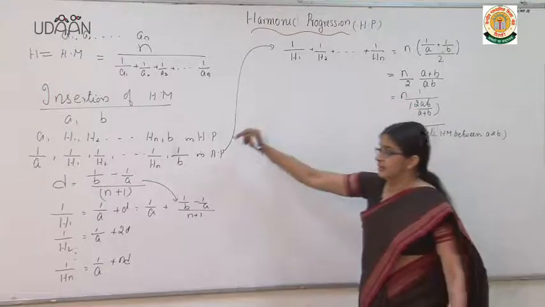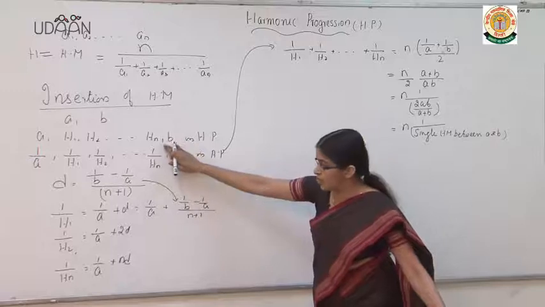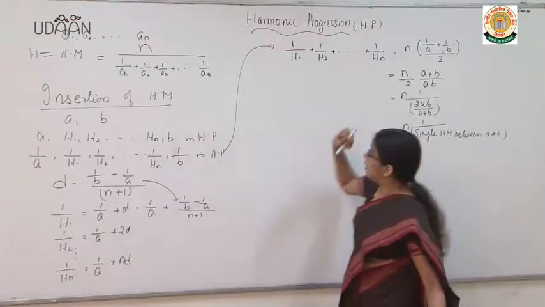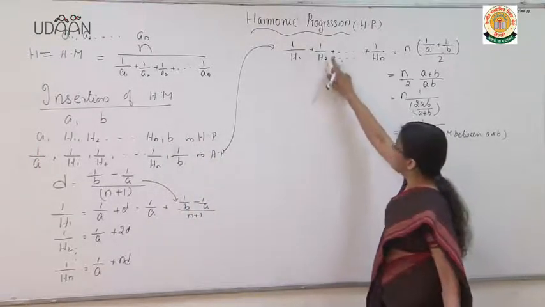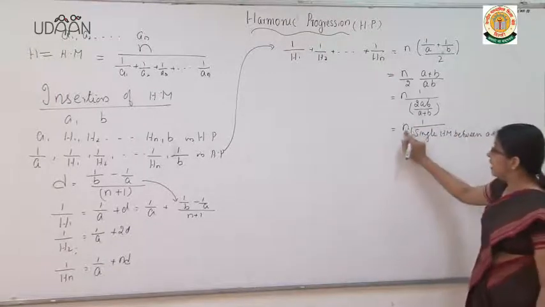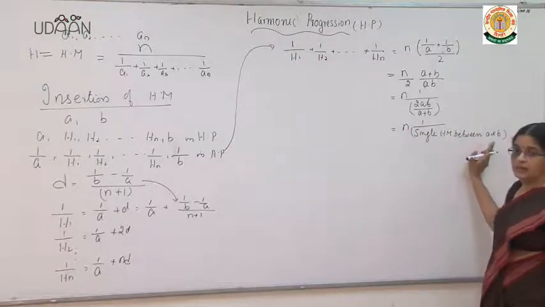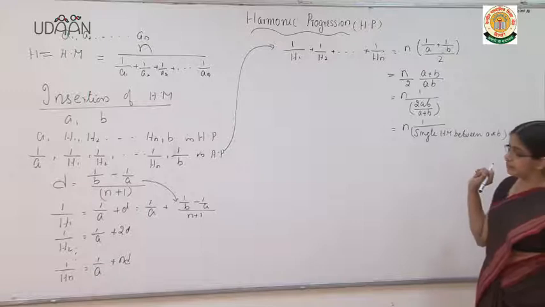If we are inserting n harmonic means H1, H2, etc., Hn between two numbers A and B, then sum of the reciprocals of these harmonic means equal to n times the reciprocal of single harmonic mean between A and B.